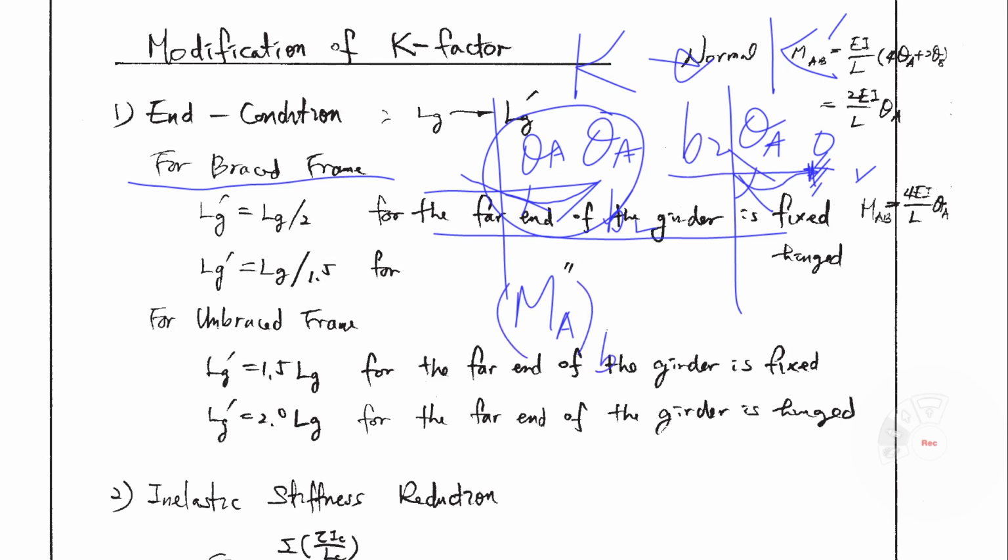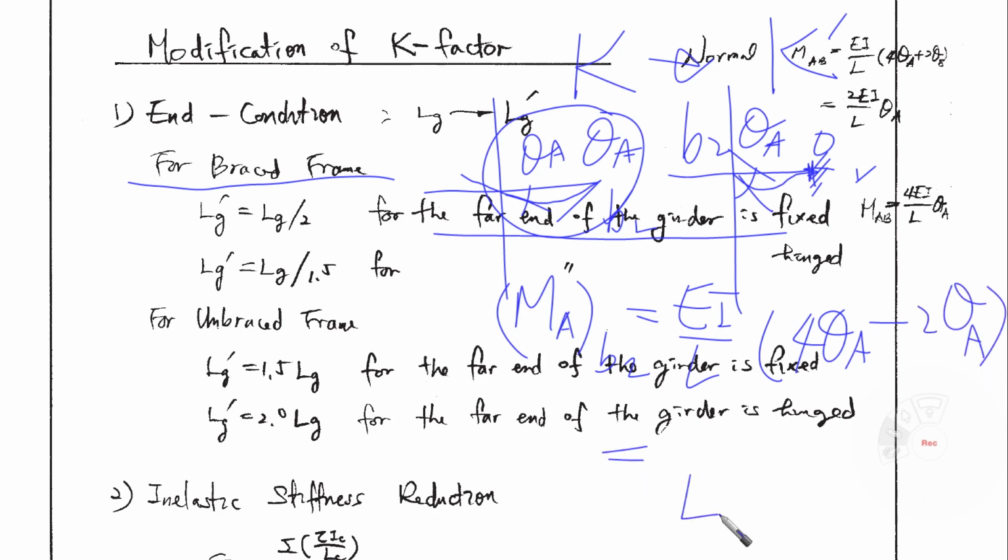MA B2, right? Then L over EI, right? Plus 4 theta A. This is minus theta A, right? Then it results in EI over L 2 theta A, right? For this case. How about this case? This angle is 0. That results in this being 0.